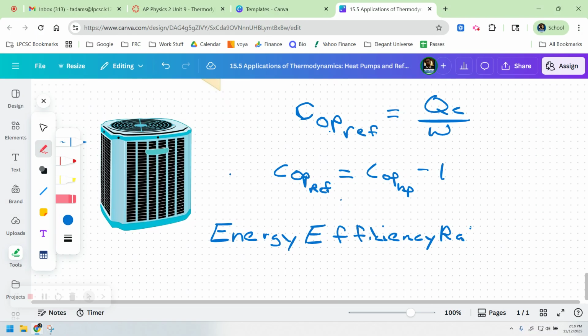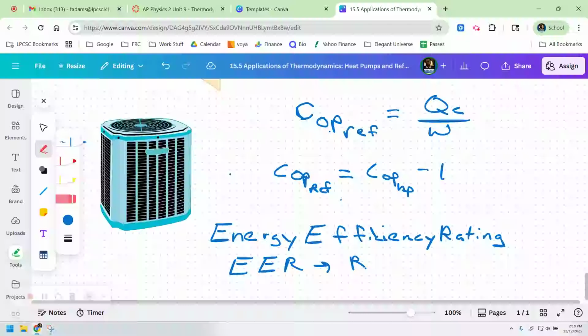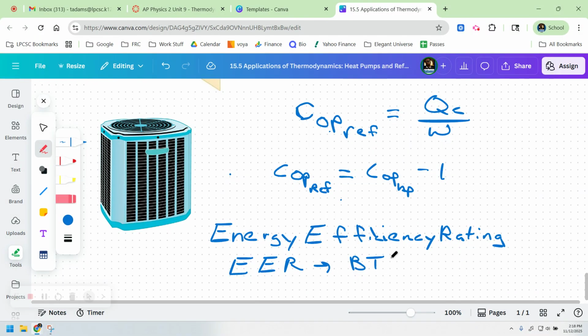Sometimes referred to as EER. And you'll see this rating on air conditioners. And sometimes it's referred to as British thermal units or BTUs. It just stands for British thermal unit.